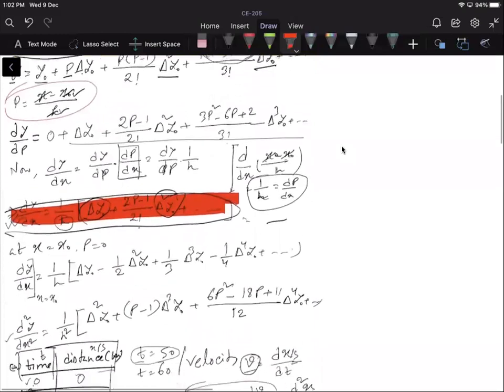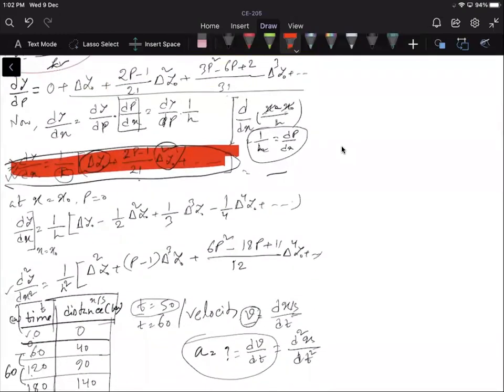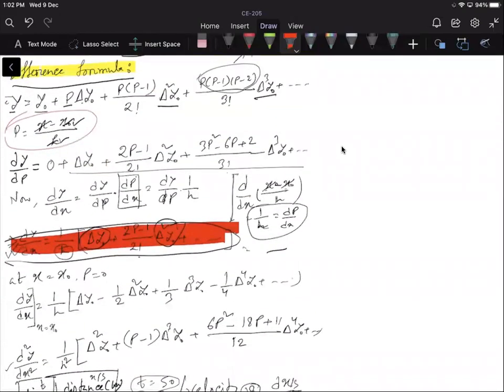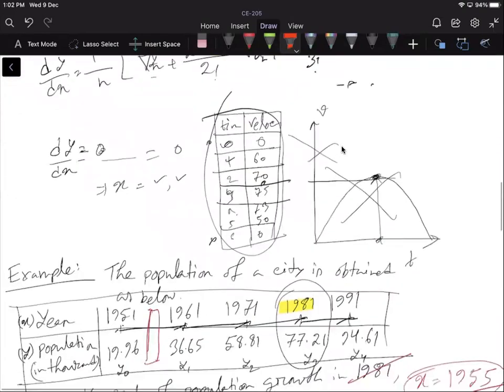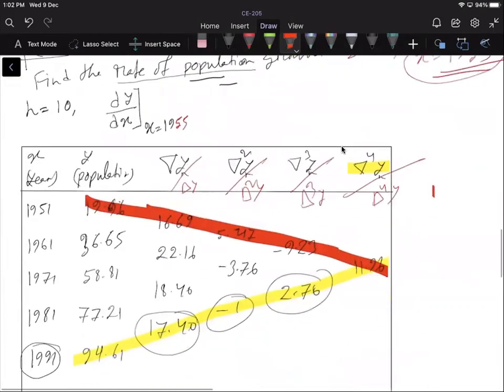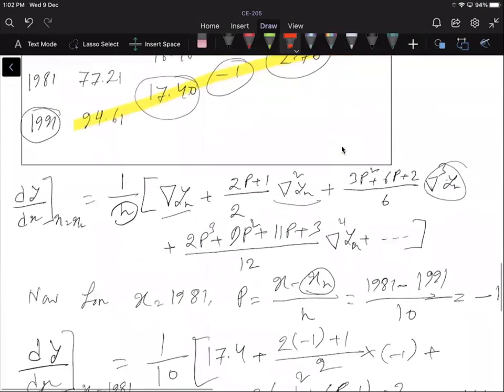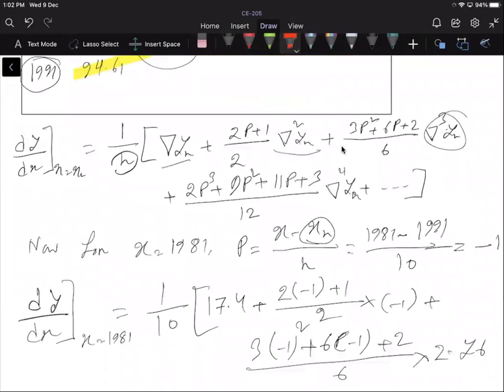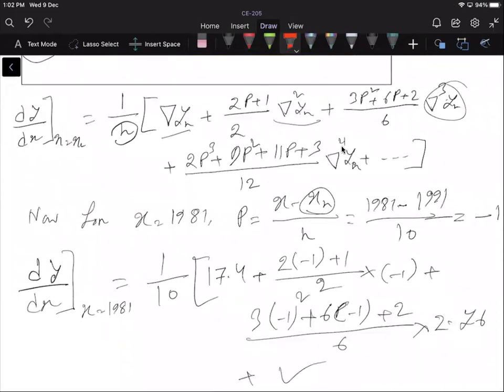So you simply put all these values, you need to calculate the p value in the forward difference. P is equal to x minus x0 divided by h. So you will calculate the p value as well as use these values and the coefficients, then you will find the required growth rate.